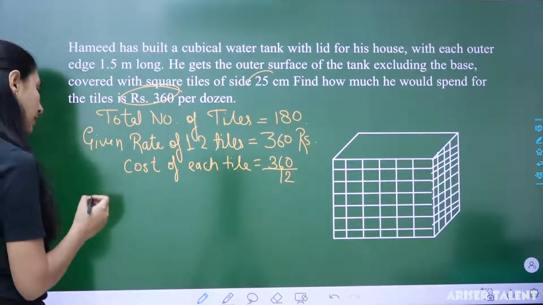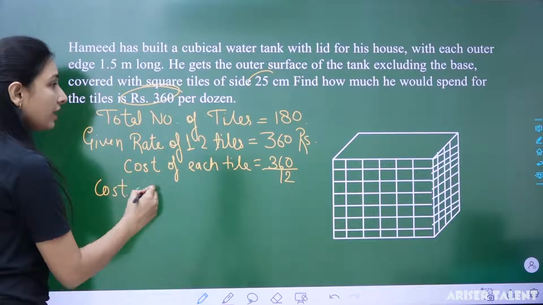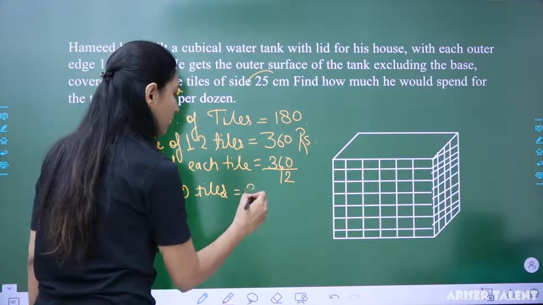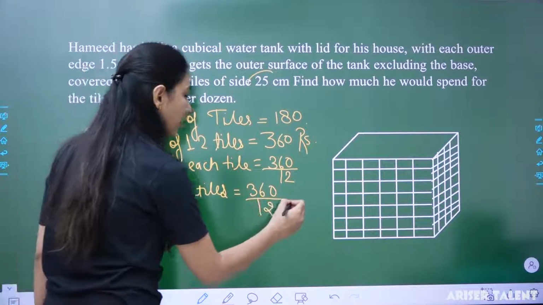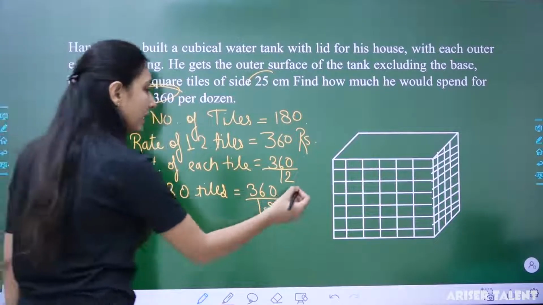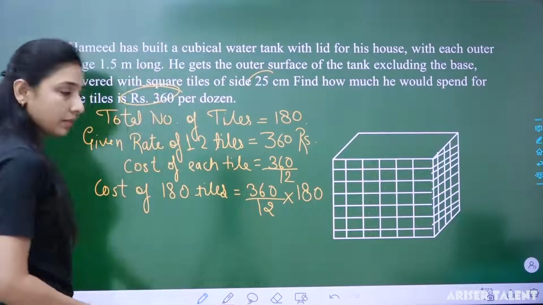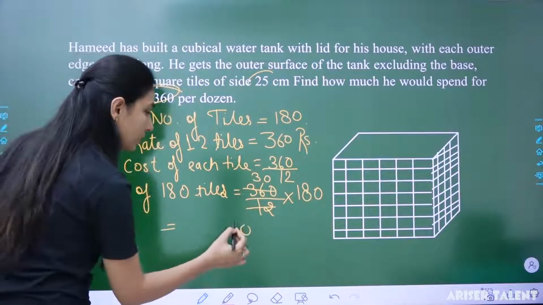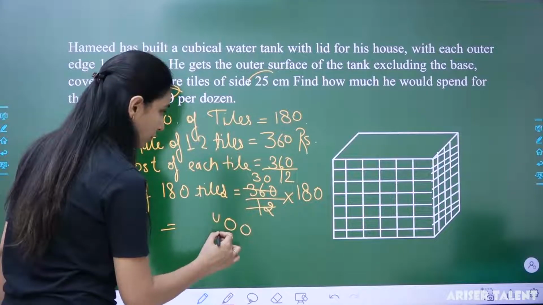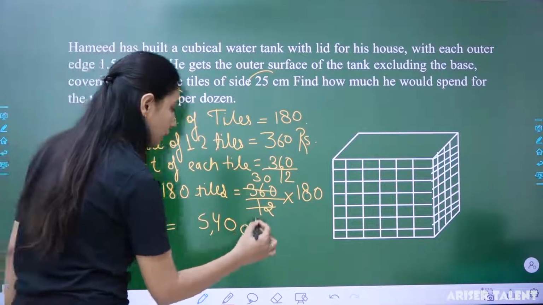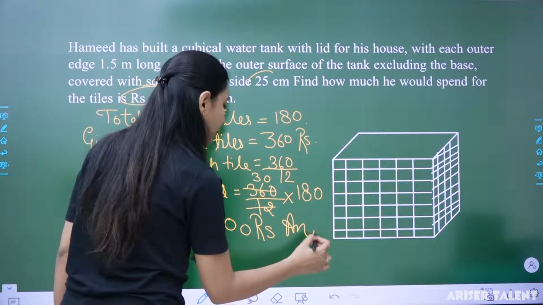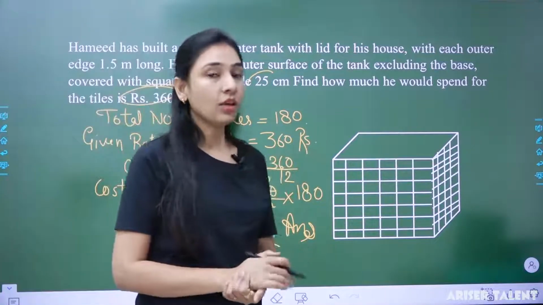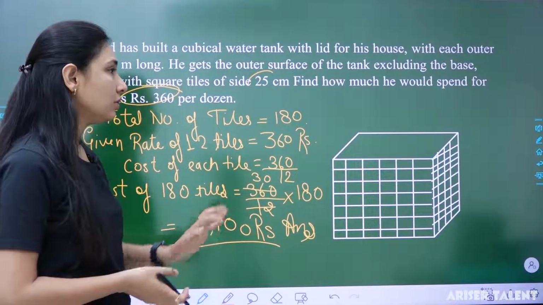And if it is so, then the cost of what we are requiring, 180 tiles, will be equal to 360 divided by 12 multiplied by 180. 3 times 30, so you can just calculate here 5,400. So basically he'll be spending 5,400 rupees in order to get these tiles done for this cubical tank. So this is about today's students.